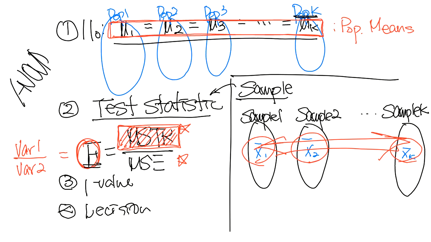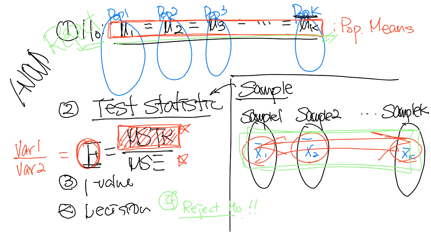If I want to reject the null hypothesis, what does it mean? They are not the same, right? If I want to conclude they are not the same, what do they have to be?